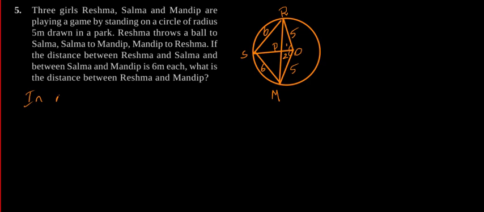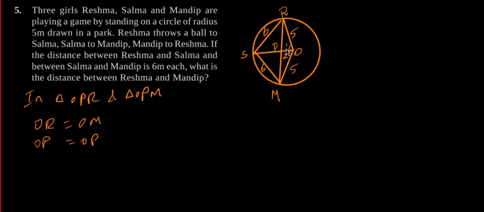In triangle OPR and triangle OPM, if we prove the congruency, we can find out about these two angles. So let me find the congruency first. Here OR equal to OM because they are radii, and both radii are equal. And OP is the common side for both triangles.